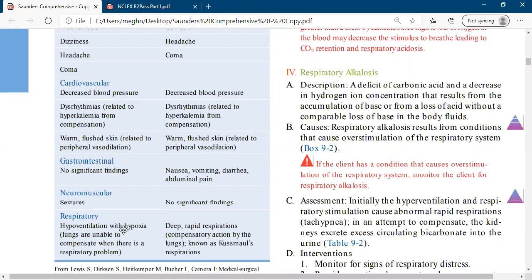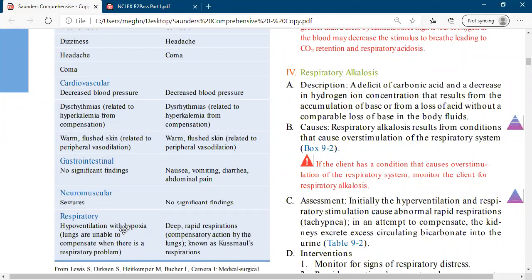Maybe breathing is too fast or too slow. The body does not get enough oxygen if your respiration is too slow or too fast. And when the body does not get enough oxygen, this is called hypoxia.